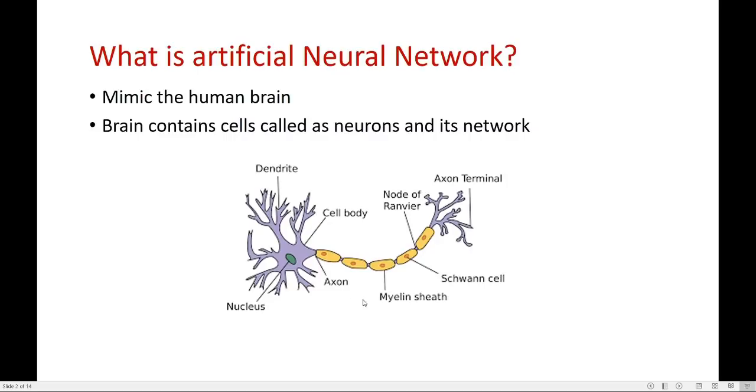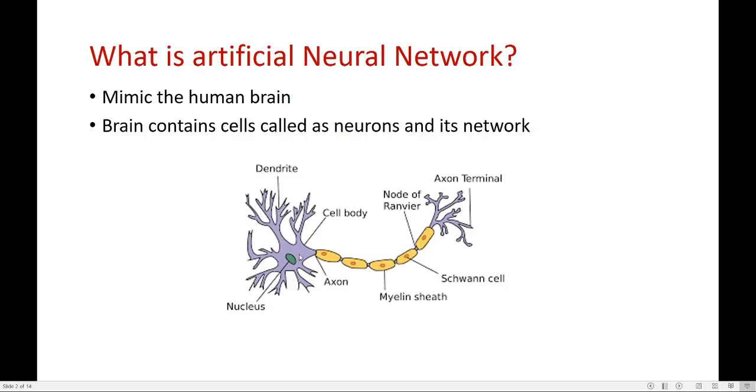The human brain consists of biological cells called neurons and their complex connections. Let's see the structure of a single neuron. A neuron accepts data from other neurons through something called dendrites.